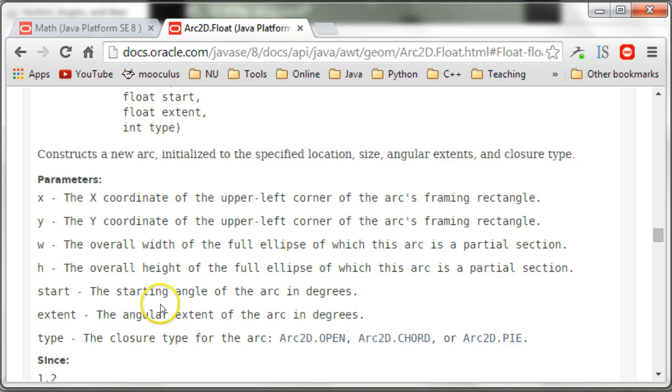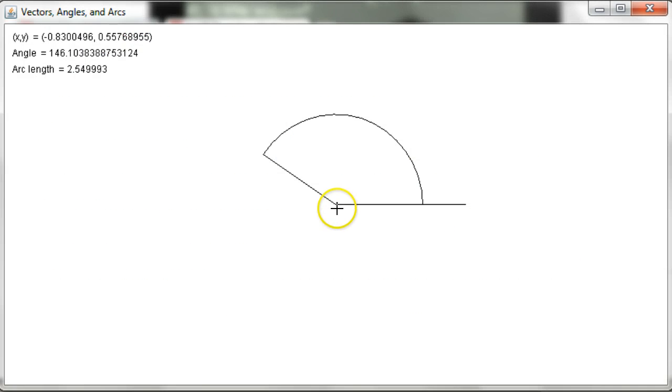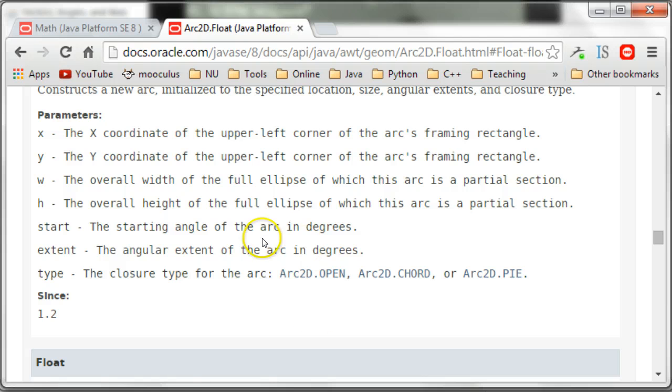So the angle 0 basically means pointing due east in the positive direction of the x-axis. And then we curve around. So the start is 0 degrees, meaning this line, and then the extent is however far we have to go to get to here. But for the Arc class, this is measured in degrees.